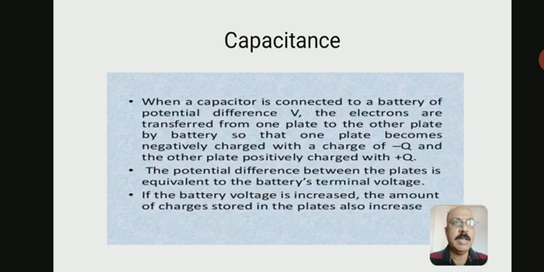So what happens when the battery is connected to a capacitor? Then we come to know about the capacitance. When a capacitor is connected to a battery of potential difference V, the electrons are transferred from one plate to the other plate by the battery, so that one plate becomes negatively charged with a charge of minus Q and the other plate positively charged with plus Q. The potential difference between the plates is equivalent to the battery terminal voltage.